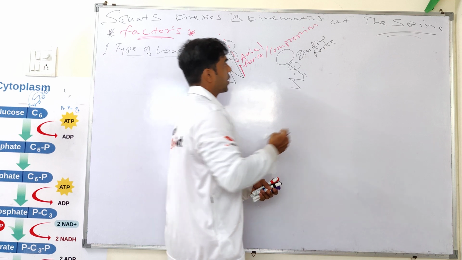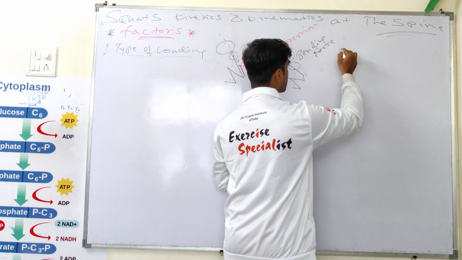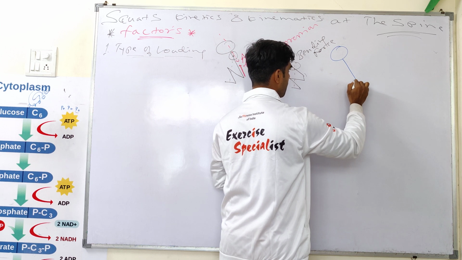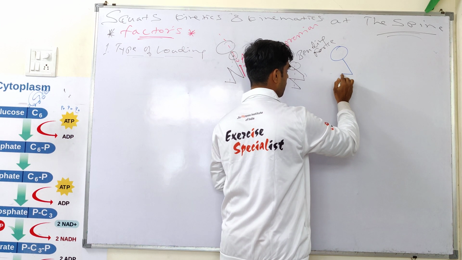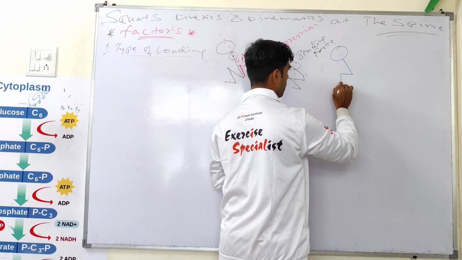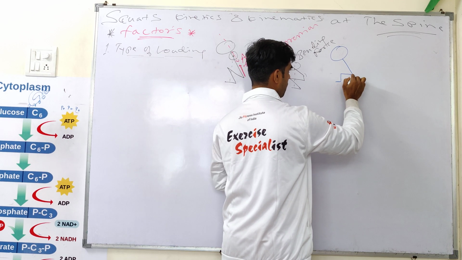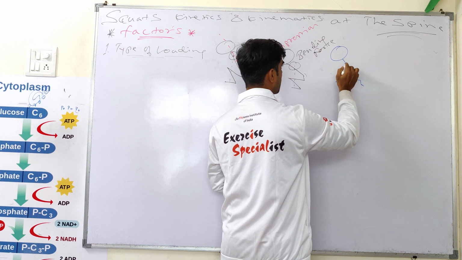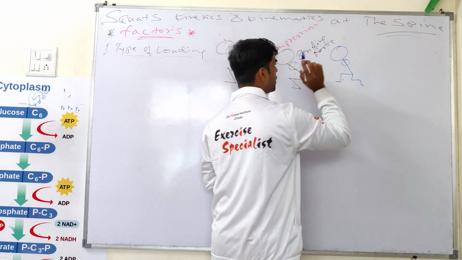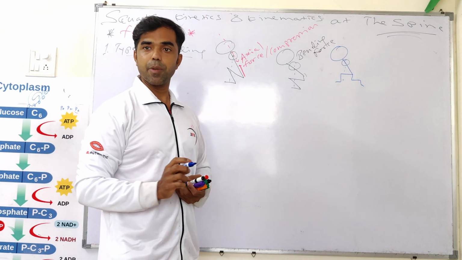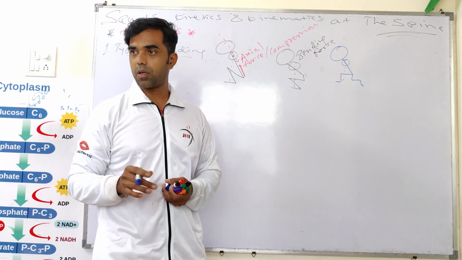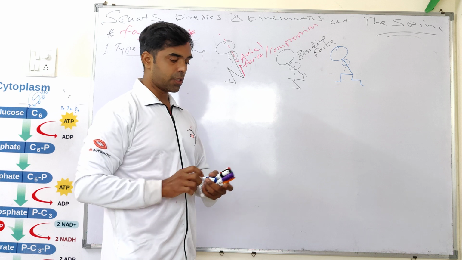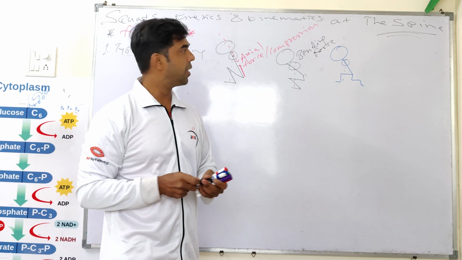What would be the next? Lunge position, right? Some people tend to do one leg squat, and in lunge position a torsion may be increased.